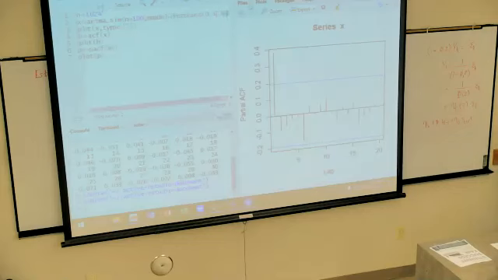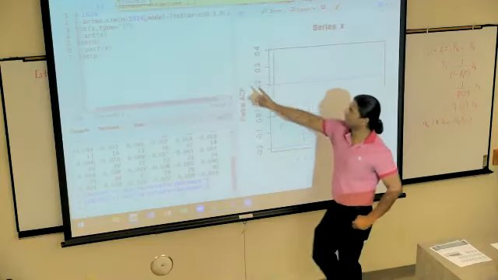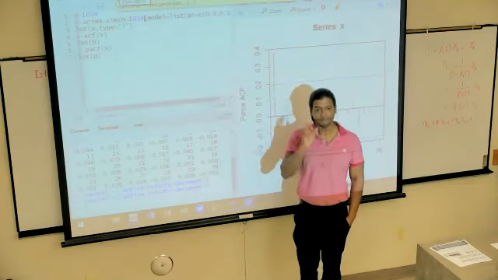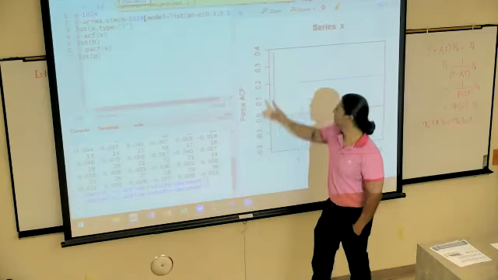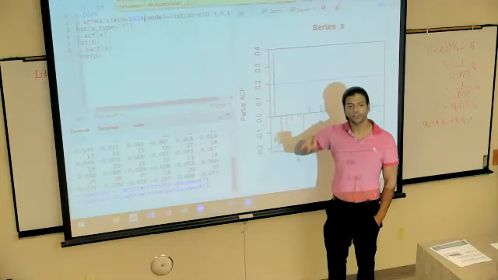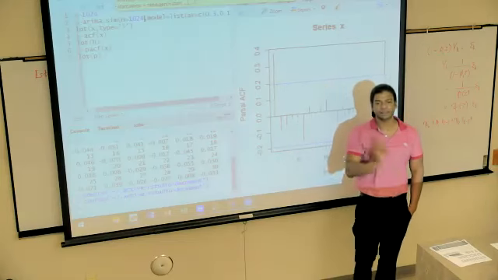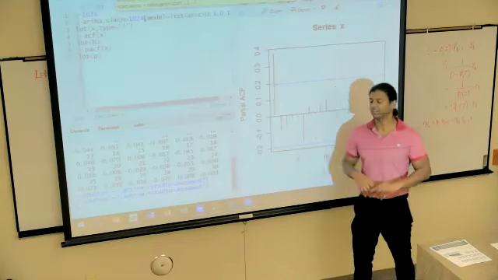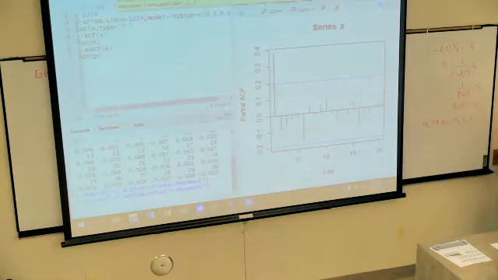The coefficient of this model that I had was 0.3. Phi1 was 0.3, and I estimated it to be 0.39. It's not close to 0.3 because the sample size is small. The length of the time series is not as large as it was before.